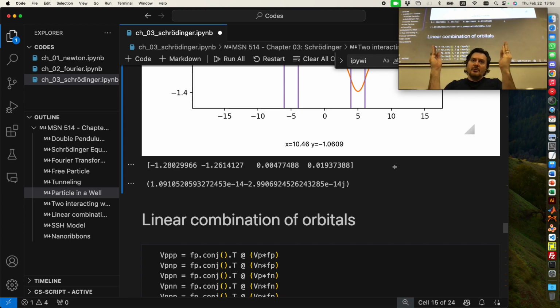When I have double wells, I have 1s here and 1s here, but when you put them close together, the bonding looks to be 1s plus 1s, and the antibonding seems to be 1s minus 1s. Does it make sense? Yes? Good.